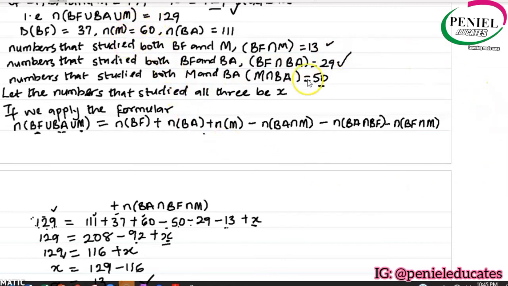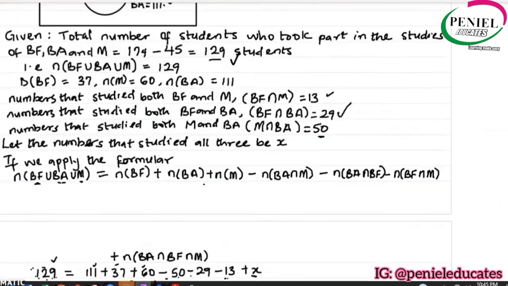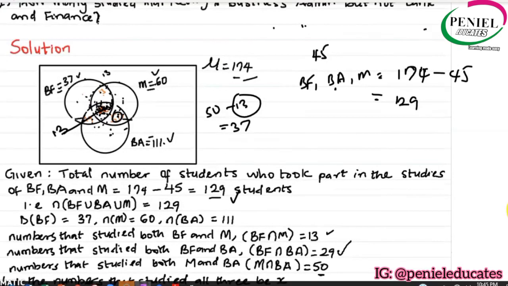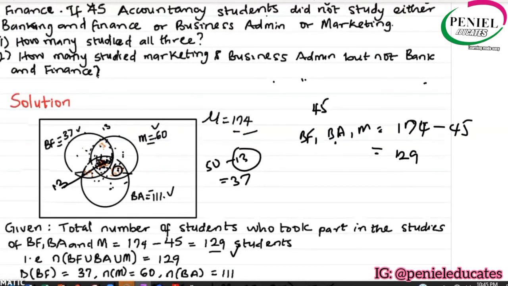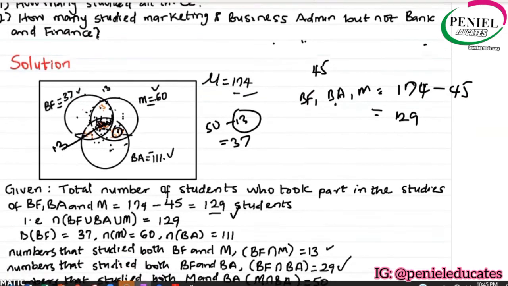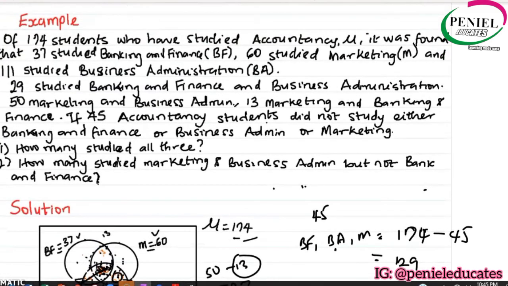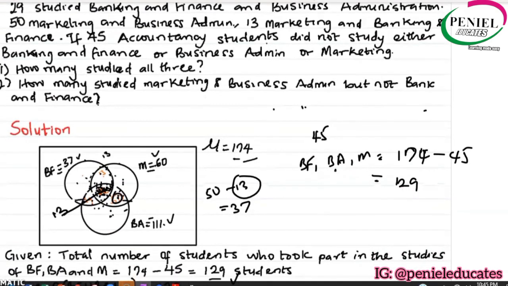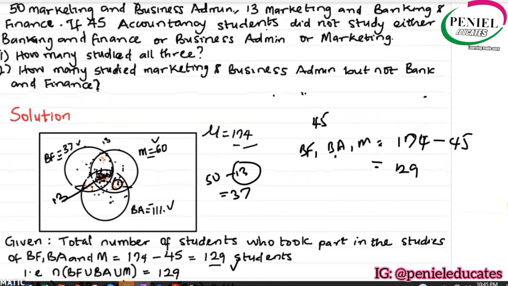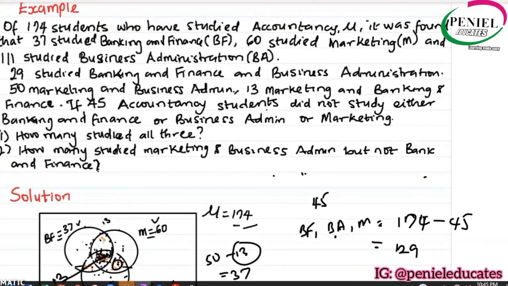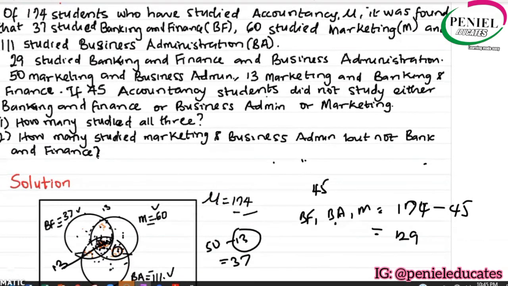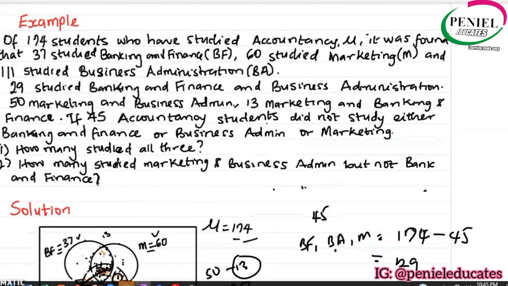And in this last one that we did, we looked at finding how many students study all the three subjects, and in our question we're given that we have 45 students who did not study any of the courses that I mentioned there.